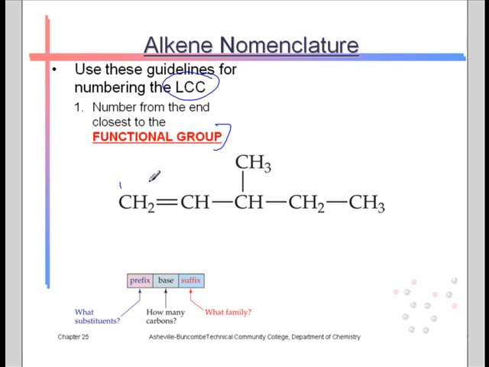For example, in this one, I'm going to number the longest carbon chain. We see 5 carbons along the horizontal here. I could have numbered from this position or from that position. The rule states that you number at the end closest to the functional group. The functional group is going to dictate not just the chemical and physical properties of the compound, but in this case how you name it as well.